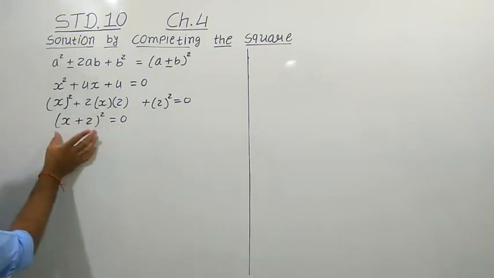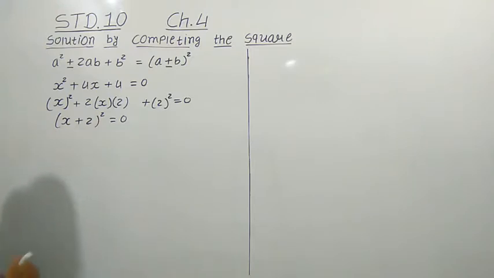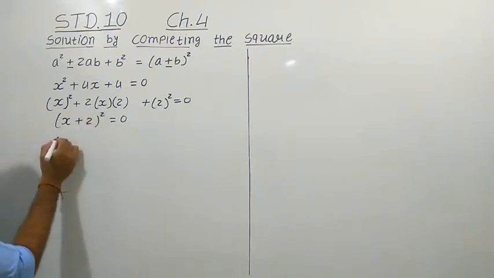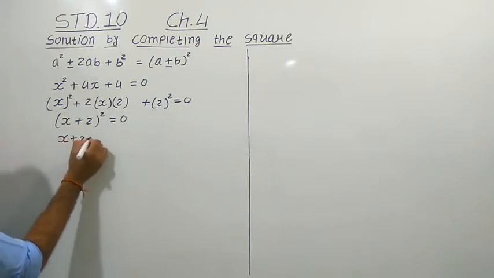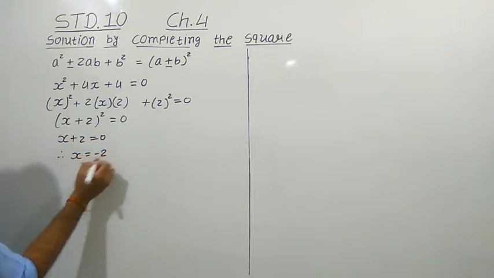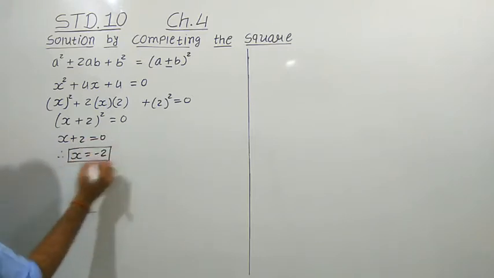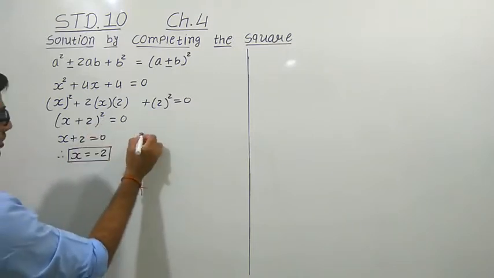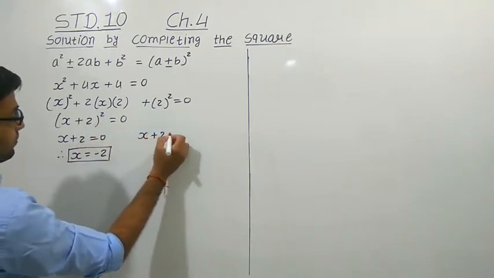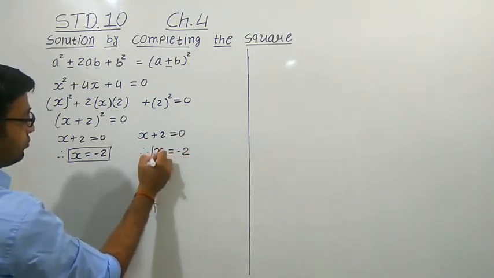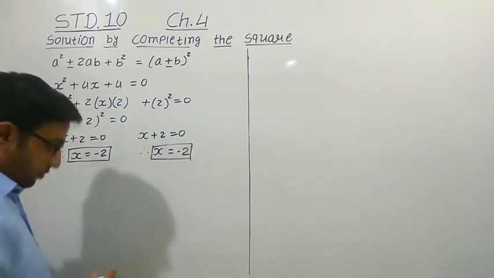Now we can compare this with 0, right? Since the power is 2, if we compare x plus 2 with 0, what answer do we get? X is equal to minus 2. In the same way, since the square is there, the second factor we get is also x plus 2 is equal to 0, and therefore we get the value of x is equal to minus 2.